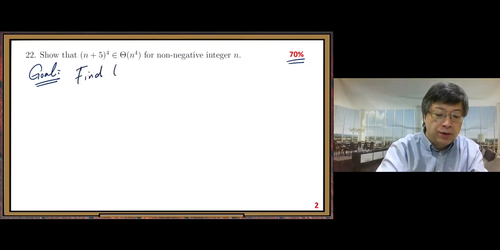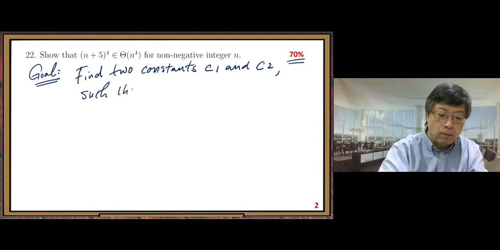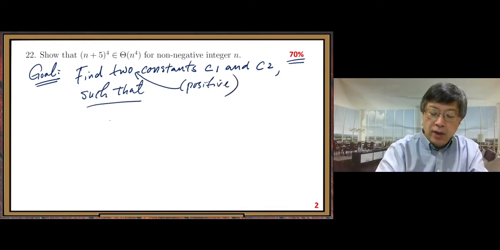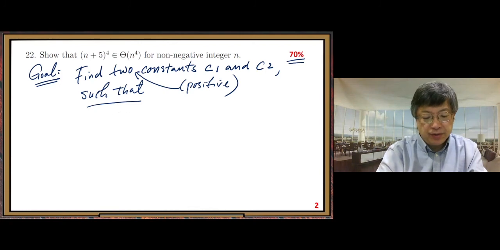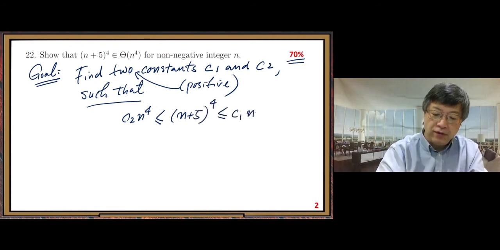Find 2 positive constants, C1 and C2, such that C2 n to the 4th is less than or equal to (n plus 5) to the 4th, which is less than or equal to C1 n to the 4th, for n greater than or equal to n0.